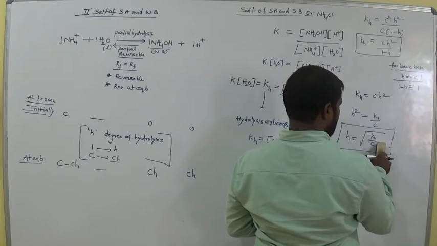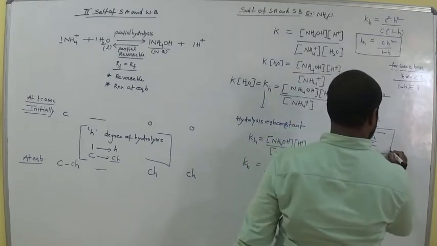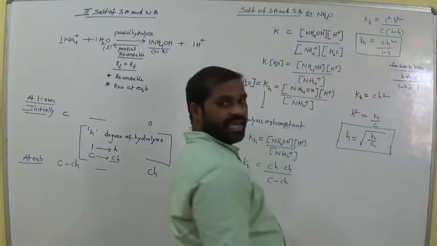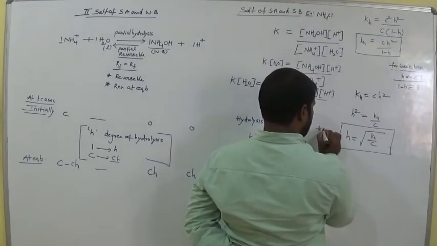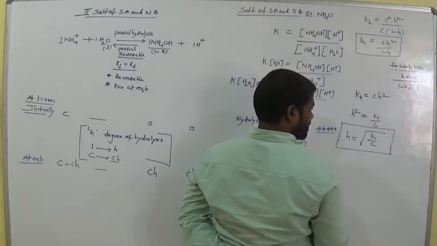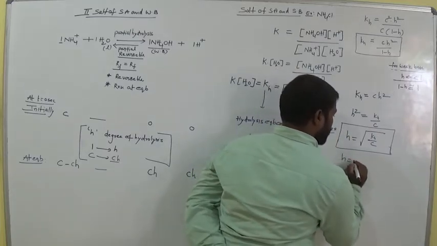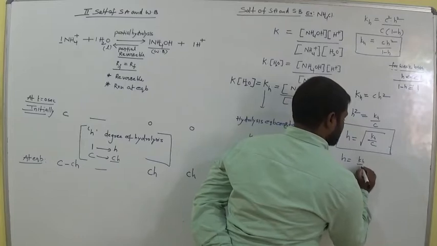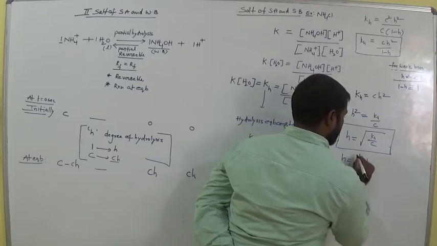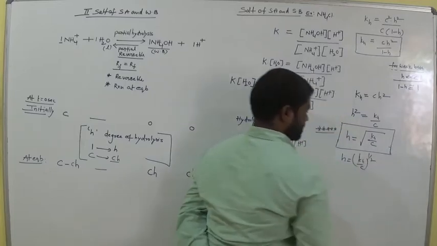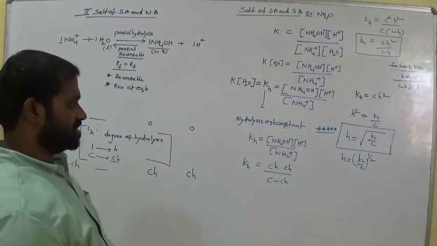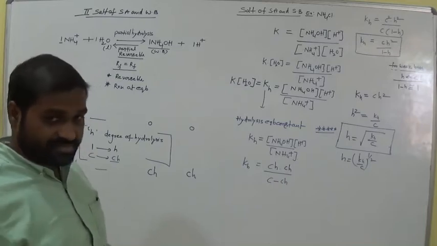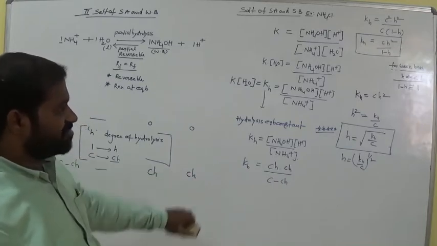In the last formula, C is the concentration, H equals the square root of KH by C, and we can also write this expression as H equals KH by C whole power 1 by 2, the square root. So remember that formula. Is it clear up to here?